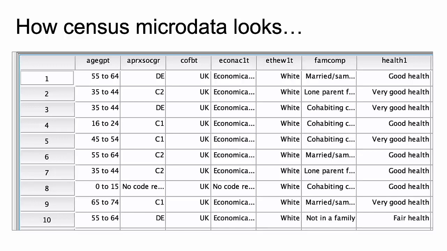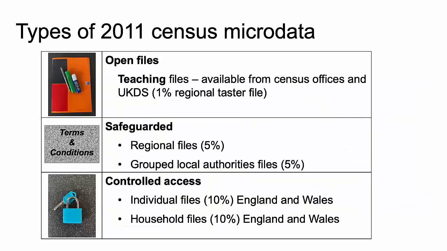You can notice that they include age groups instead of the specific age of the respondent. Also, country of birth has only 2 categories: it's either the UK or non-UK. Ethnicity has only 5 or 6 categories, I think, and the same goes for the health variable. So the amount of information is reduced, but it still provides a lot of information right down at the individual person level.